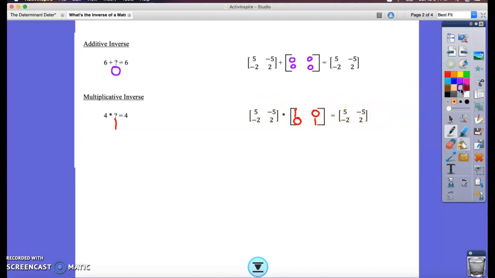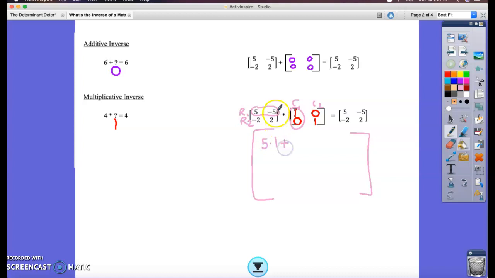And I'll quickly go through this with you. Remember, when you multiply, you only want rows from here, and you want columns from here. So if I multiply these guys together, I would take 5 and -5 times 1 and 0. So 5 would partner with 1.